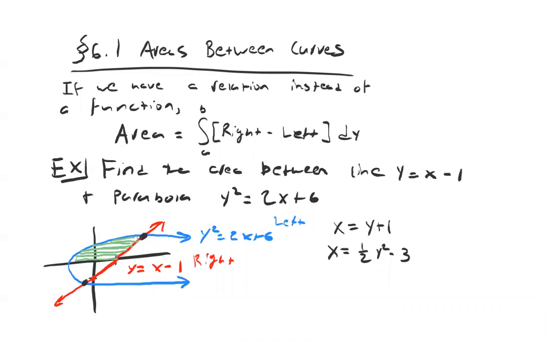So I'm interested in figuring out where those two things intersect. I'm going to make a new page, and then we're going to figure that out. So my functions were x is equal to 1/2 y squared minus 3, and x is equal to y plus 1. In order to figure out what values of y I'm integrating over, I'm going to set these two things equal.